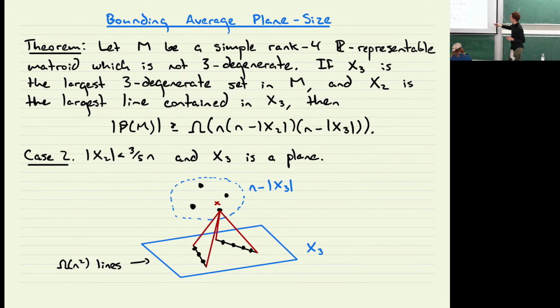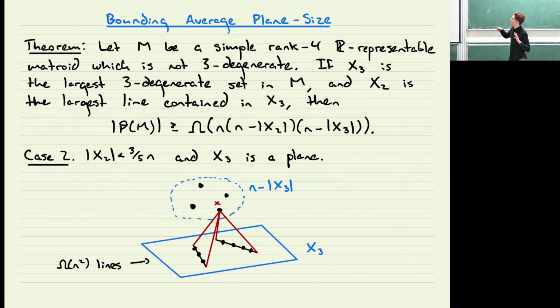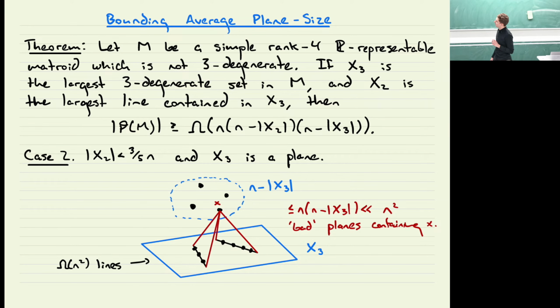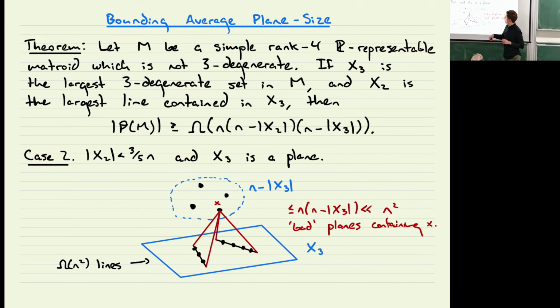So we'll fix a point x and consider all the planes formed by those spans. Again, we just want to count the planes that consist only of x and the line. So what we're going to do is throw away the bad ones. The reason we can do this is that each other point from the leftover set can be contained in at most n of these planes.